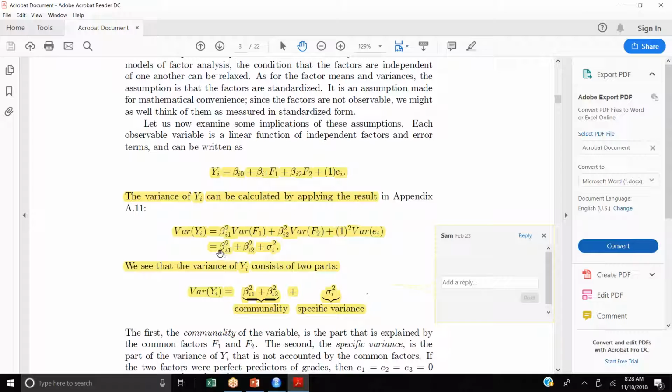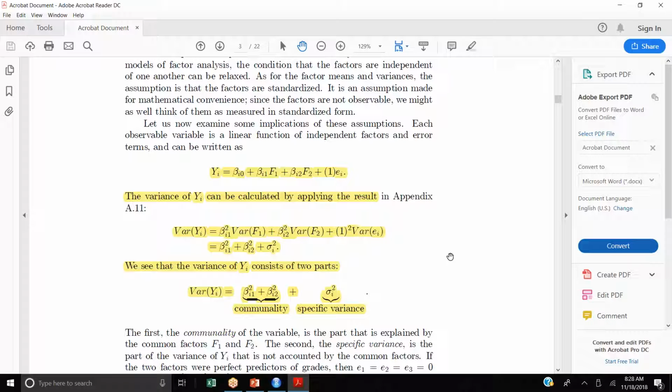So each variable's variance is written like this, and out of that, the first part, the beta loadings related, is called, again, just a historical terminology, communality, and this is a specific variance to the particular variable. This is specific variance, and this is called communality.